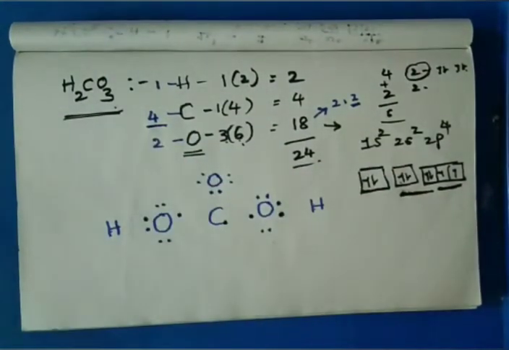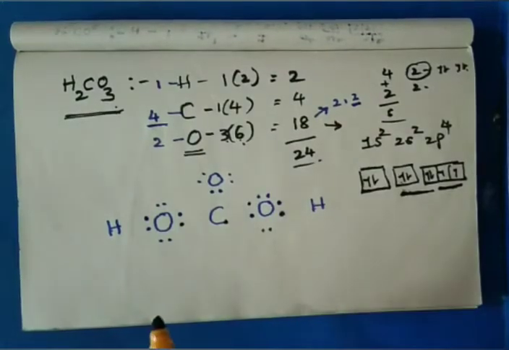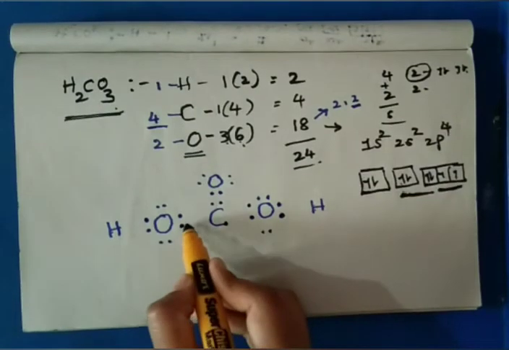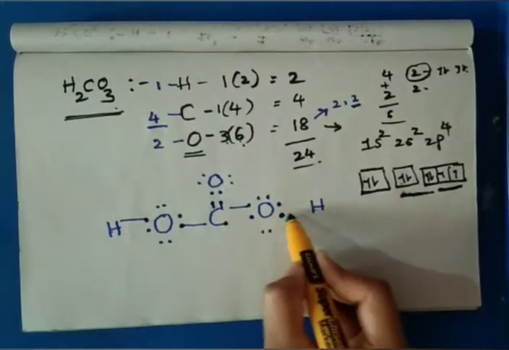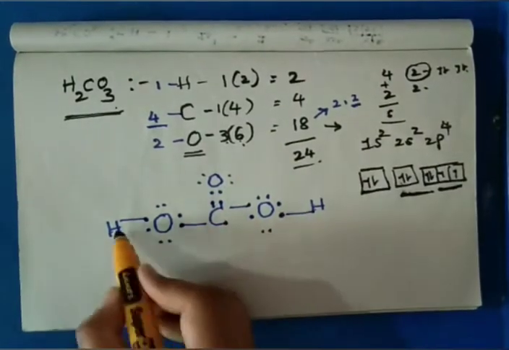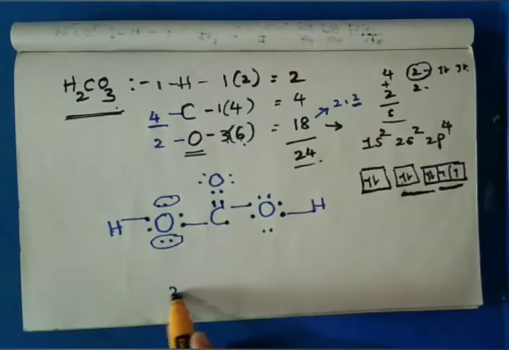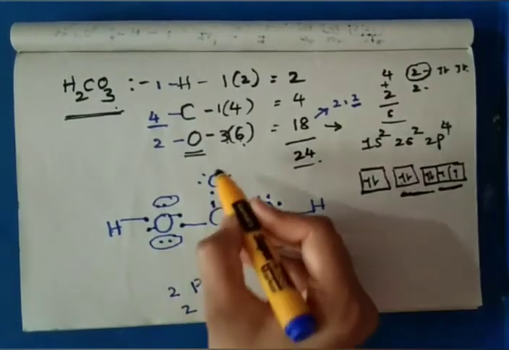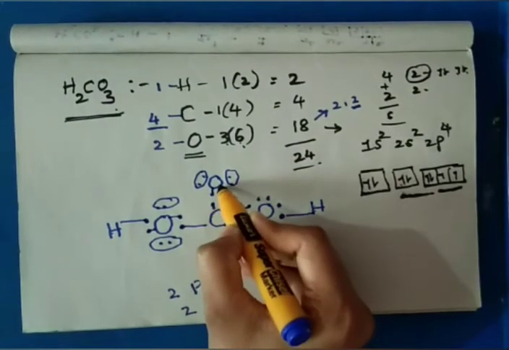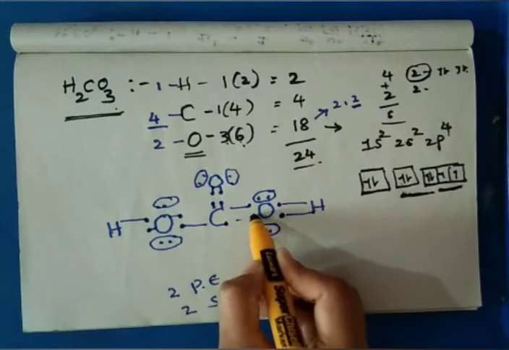Carbon gives 4 single electrons, valency 4: 1 bond with one oxygen, 1 bond with another oxygen, and 2 bonds with the third oxygen, which makes 4. Oxygen and hydrogen are balanced. Then the remaining oxygens each show 2 pairs of electrons and single bonds.